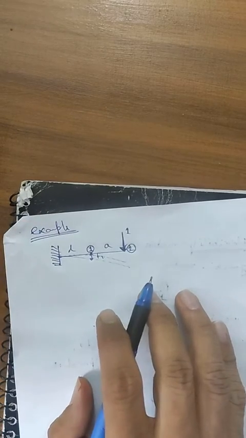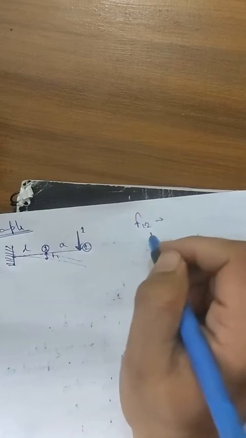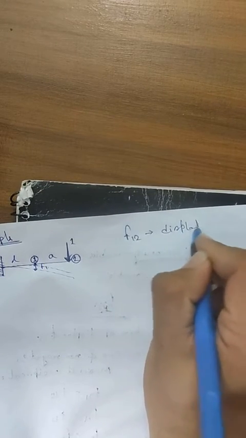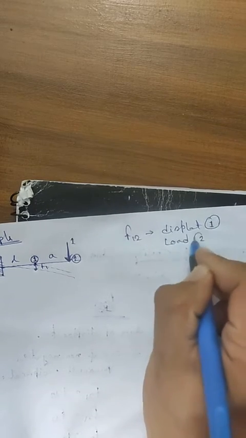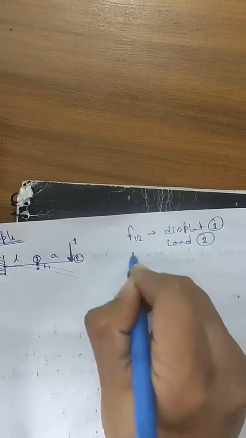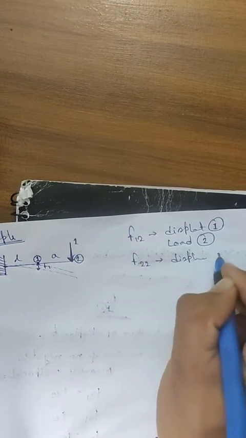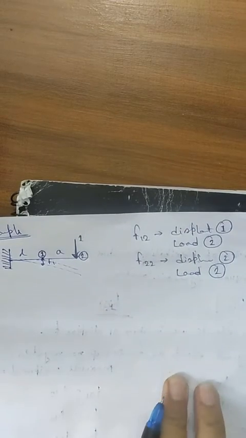Now what is F12? It is the displacement at point 1 for load at point 2, and F22 is the displacement at point 2 as well as load at point 2, right?